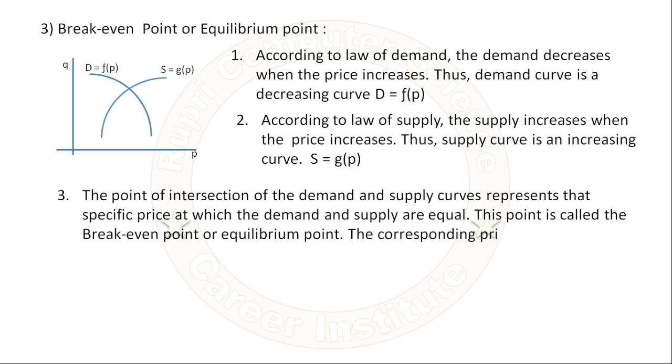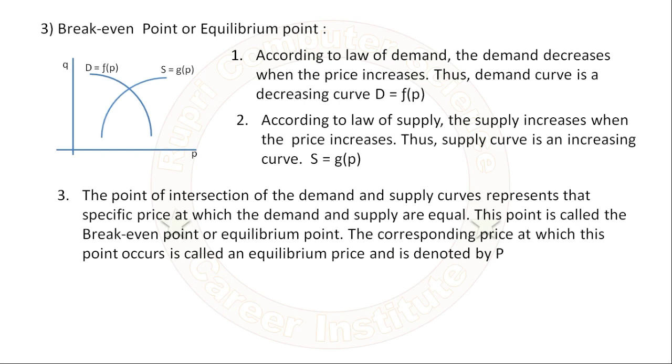This point is called the break-even point or equilibrium point. The corresponding price at which this point occurs is called the equilibrium price and is denoted by PE.